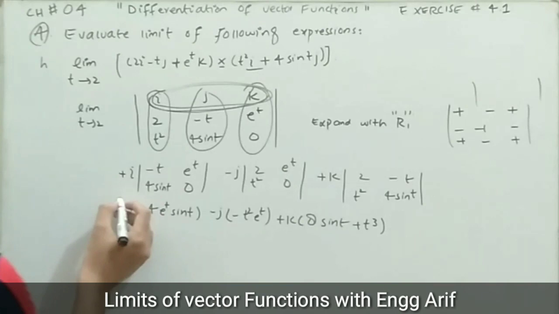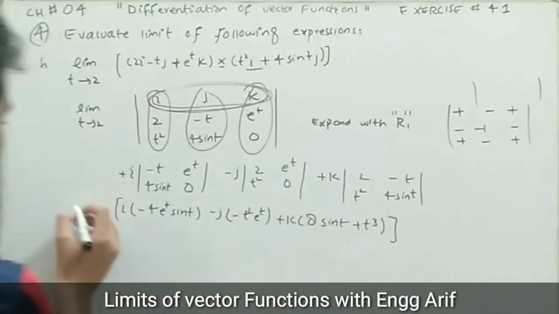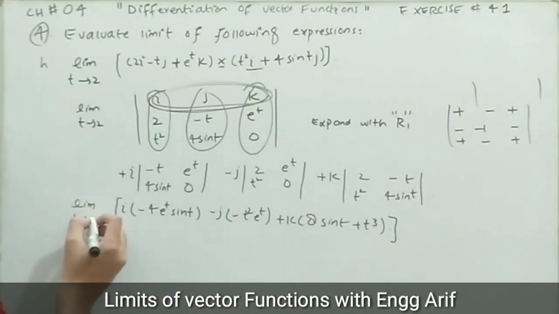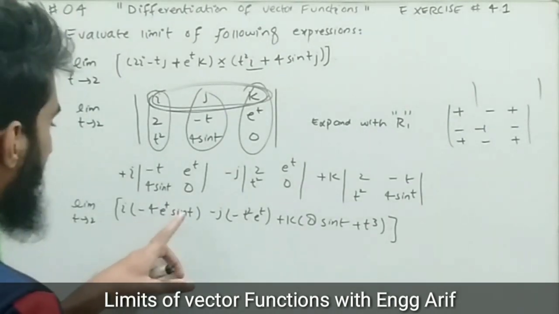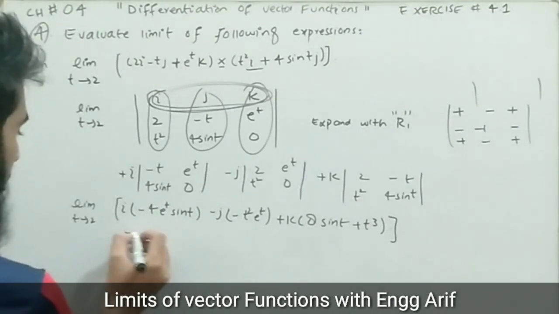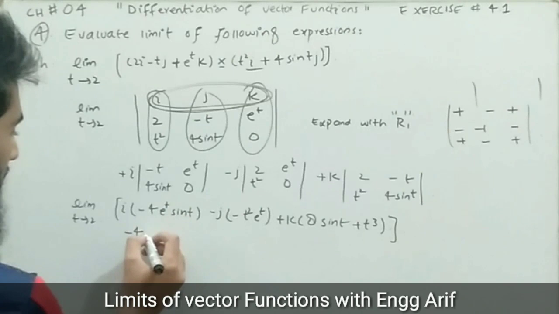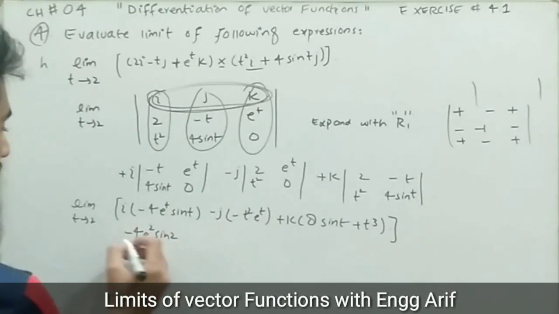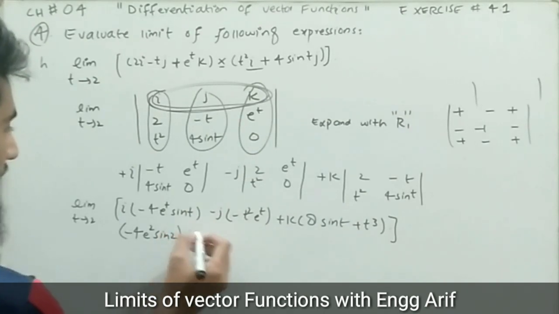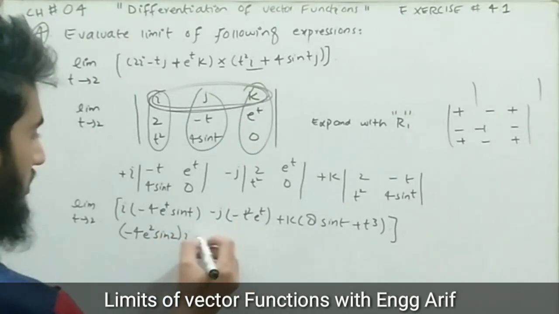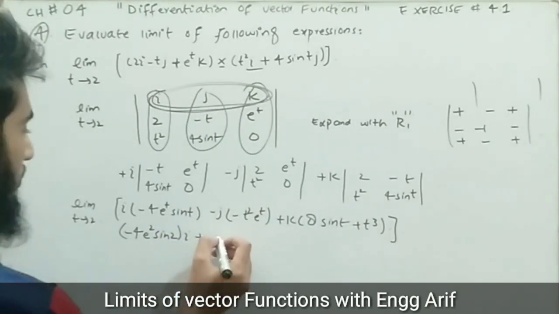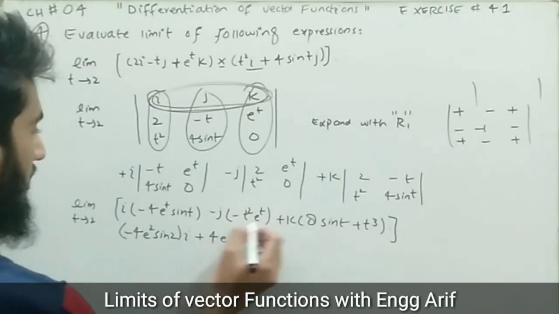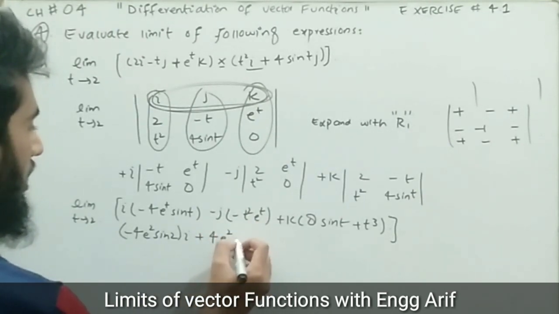Now I take the limit on this whole expression. The limit is t approaches 2. So by putting 2 over here it becomes minus 4 into e power 2, and sin of 2, so minus 4 e power 2 sin 2i. And plus t square e power t, so t is 2, it becomes plus 4 e power 2j.